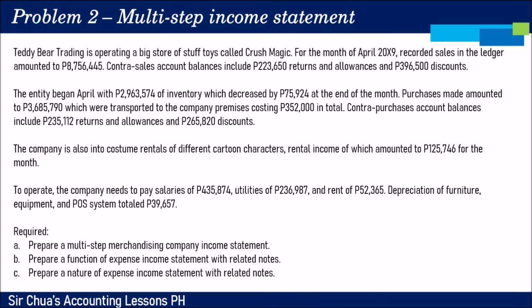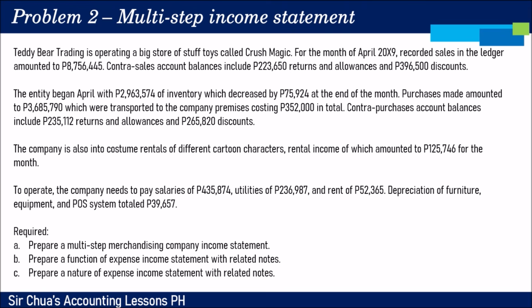Okay, so looking at the problem, binigyan naman po kayo ng information about sales and then contra sales account balances natin. So, sales returns and allowances and sales discount. Binigyan din po kayo ng the entity began April with 2 million amount of inventory. That's your beginning inventory. Pero binigyan kayo ng at the end of the month, nag-decrease daw ng 75,924.